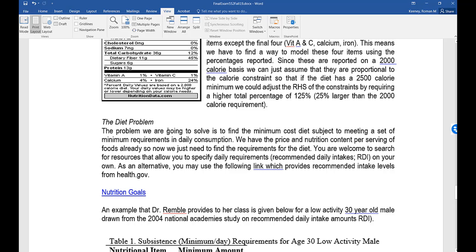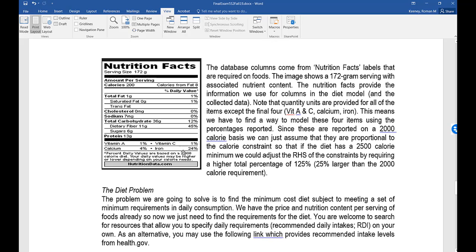But then the diet problem needs a second piece of data, the right-hand side, the requirements. Let's say it's not a 2,000 calorie diet, but it's for some 40-year-old female who exercises 3 times a week. Is there somewhere we could go find that?